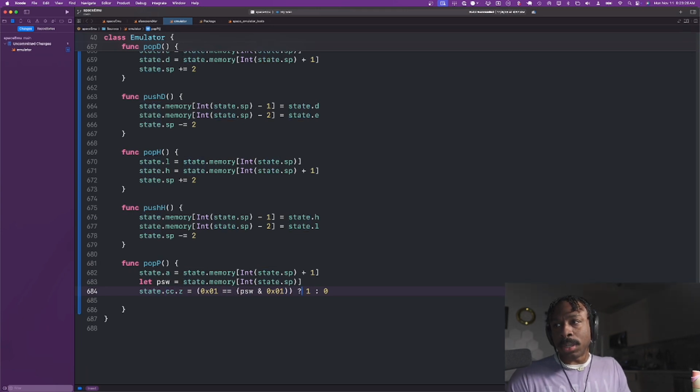If it's true, it will be set to 1. If it's false, it'll be set to 0.